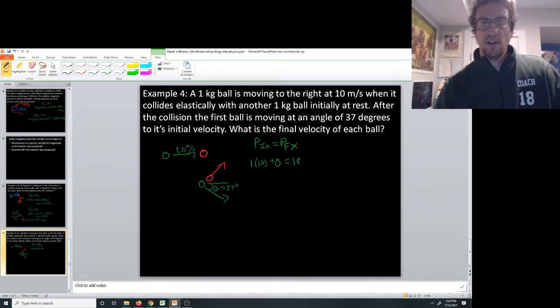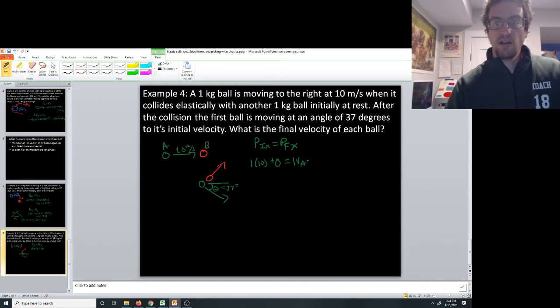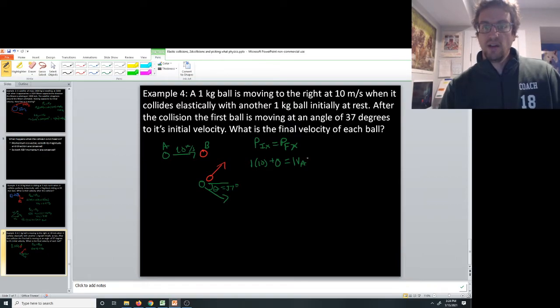So I'm going to use VA. I'll leave my green ball A and my red ball B. VA, and this is going to be cosine of 37 degrees plus 1 VB cosine of theta. And then we do it in the y direction too.